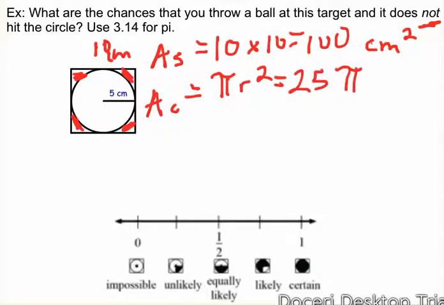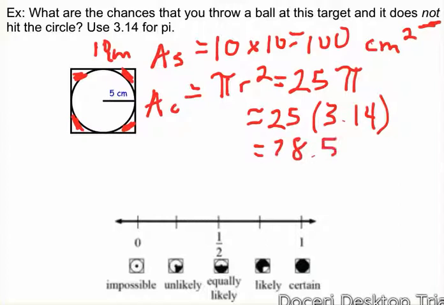But now we're going to use 3.14 for pi. 3.14 times 25, we're now going to approximate. Okay? And that gives us, if we do 25 times 3.14, we get 78.5 square centimeters.